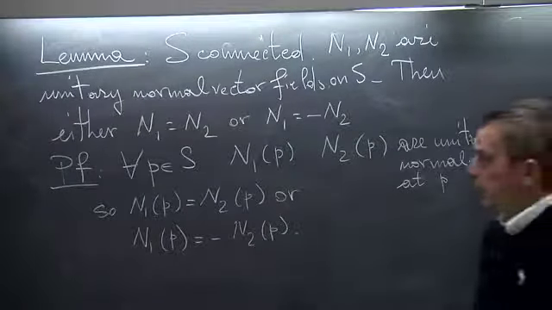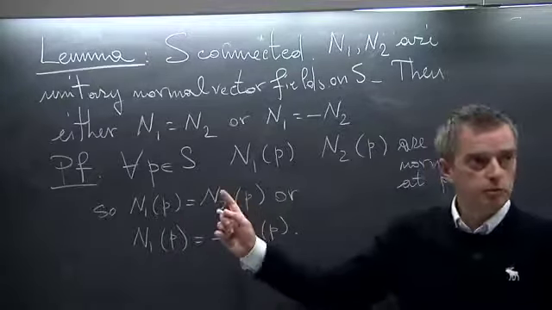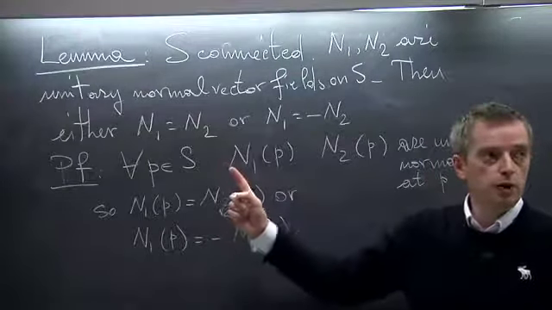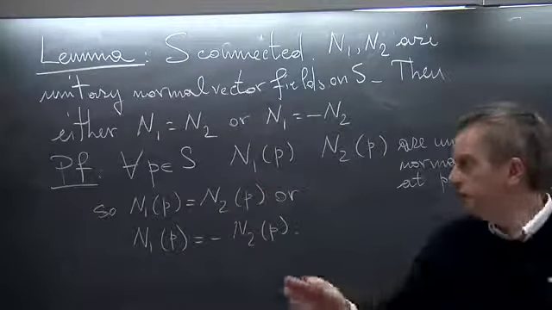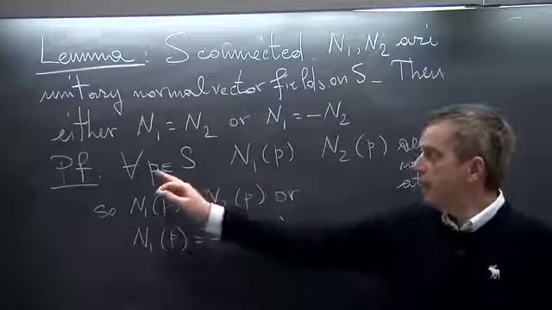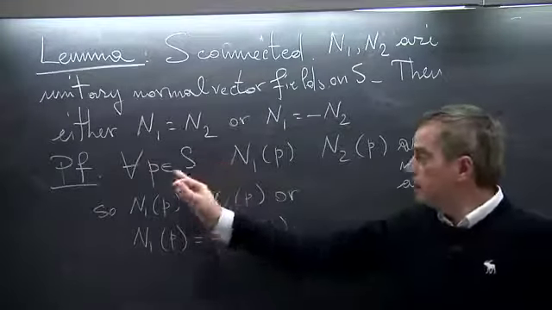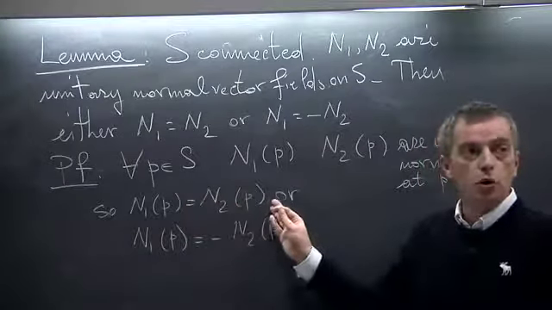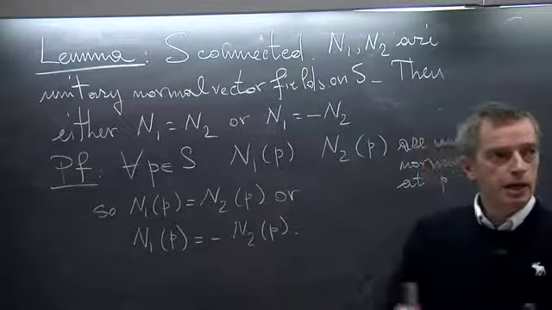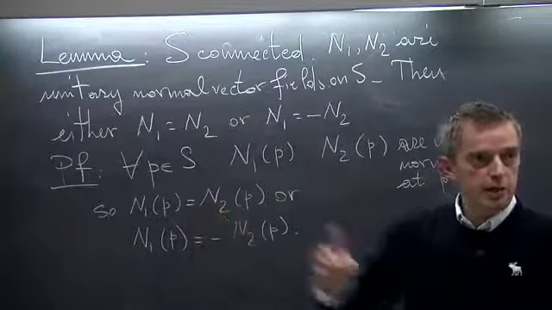Well, now the problem is, if I change point, so this is true at every point. So what is the only problem? If you understand the problem, you solve it immediately. What is the problem? The problem is, if I take now another point, Q, then it's still true that at Q, N1 of Q is equal N2 of Q, but the problem is, are you falling in the same case as at P?